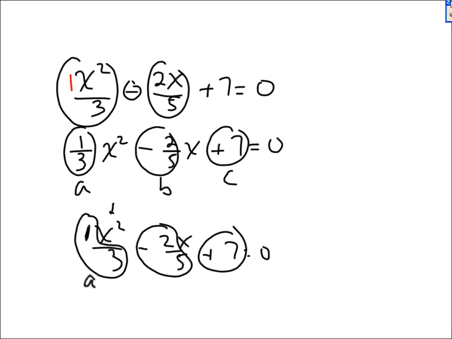A lot of people will say 1/3 x squared is a. No. x squared and a are separate. b is not negative 2x over 5. b is just negative 2/5. And c in this case is 7 or positive 7. That completes the section on general form of the quadratic equation.